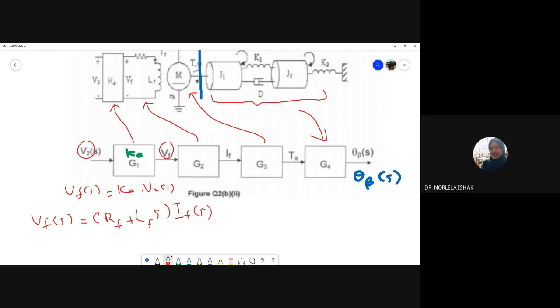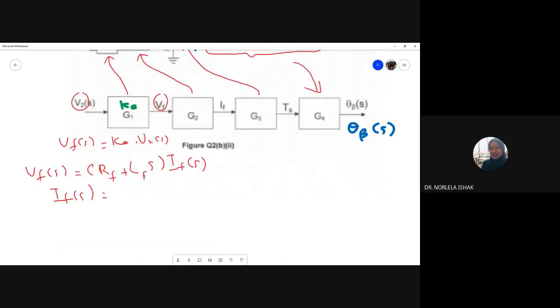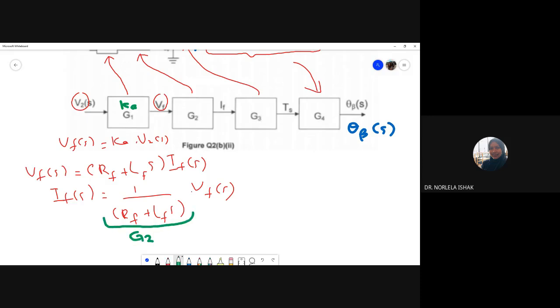Okay, so you have to rearrange to make IF your output equal to 1 over, okay, and multiply with the VS, kan? Okay, this is your gain. This is your gain number 2, kan?